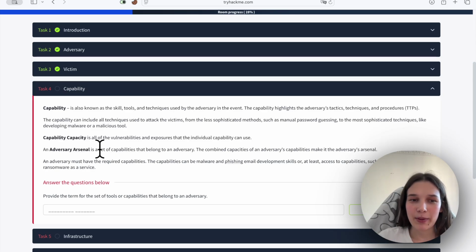But with the capability and adversary arsenal of a whole organization, they can do this attack 24 hours per day, which is a higher risk of getting the attack executed than a person who works a full-time job or studies, and has some kind of life. They maybe will not be able to execute this attack 24 hours a day.